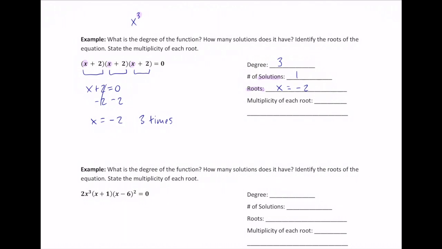So we saw x equals negative 2 3 different times. So my multiplicity here is 3. Because remember, I could have solved 3 of these. I could have set all 3 of them equal to 0. But that was a little bit unnecessary. So we just say that we have a multiplicity of 3.